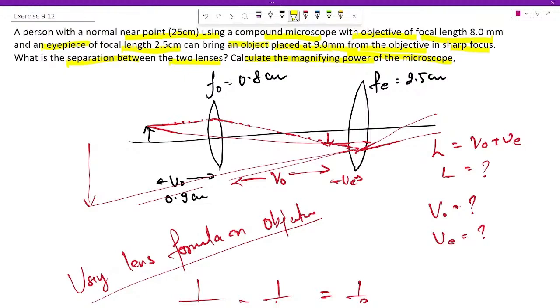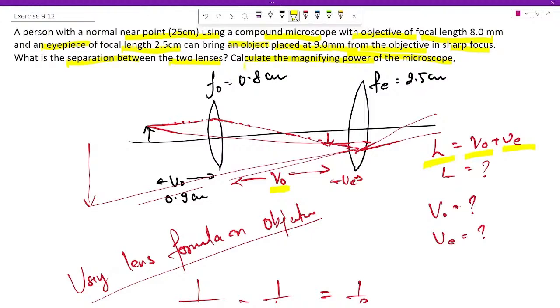So in order to get the length between these two lenses, we will have to find out the distance between the image created by the objective, that is V naught, and the distance between the image and the eyepiece lens, or we can term it as object distance UE. So length will be composed of V0, that is the image distance between the objective lens and the image, and UE, that is the object distance from the eyepiece. That will give us the answer.